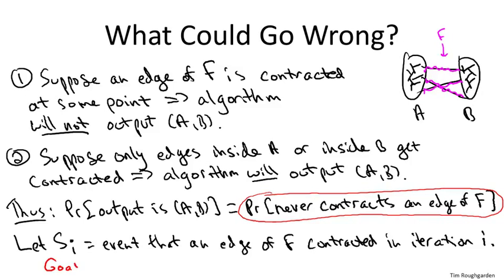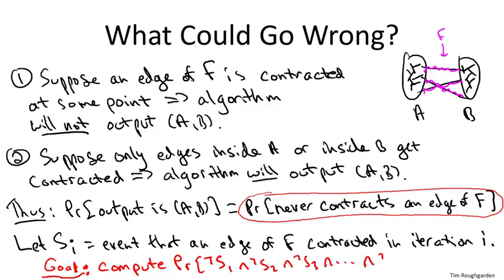So we don't screw up in iteration 1, we don't screw up in iteration 2, we don't screw up in iteration 3, and so on, all the way up to we don't contract anything from capital F in the final iteration either. So summarizing, analyzing the success probability of the contraction algorithm boils down to analyzing the probability of this event, the intersection of all of the not S_i with i ranging from iteration 1 to iteration n-2.